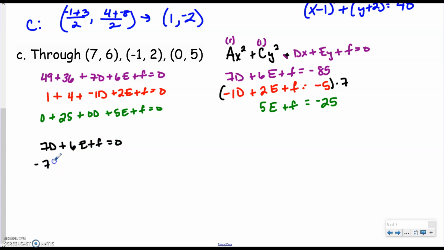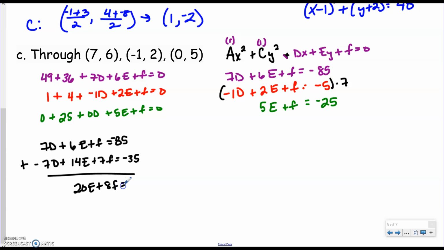The second equation becomes -7d plus 14e plus 7f equals -35. Oh, I'm sorry, this is -85 up here, not 0. So I'm going to add the 2 together, and I get 20e plus 8f equals -120.